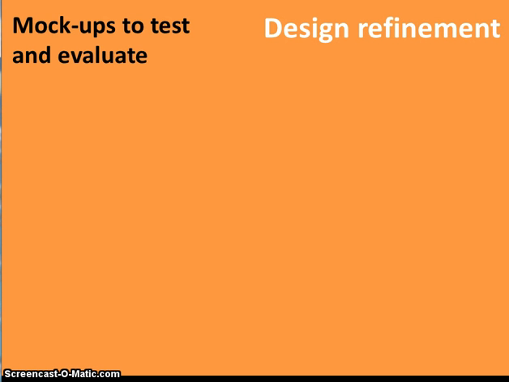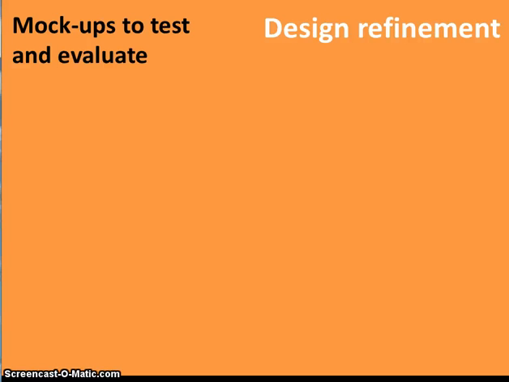Now when you're getting towards the end of your refinement, and you think, yep, I'm really happy with how things are going, you'll actually need to start creating a mock-up. Now, a mock-up is really the final chance you have to test and evaluate the production of your final presentation and the position of your images and text on the page.